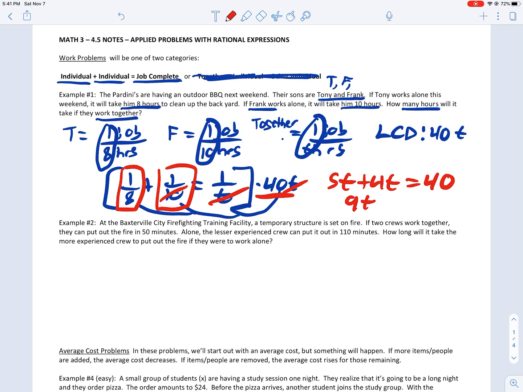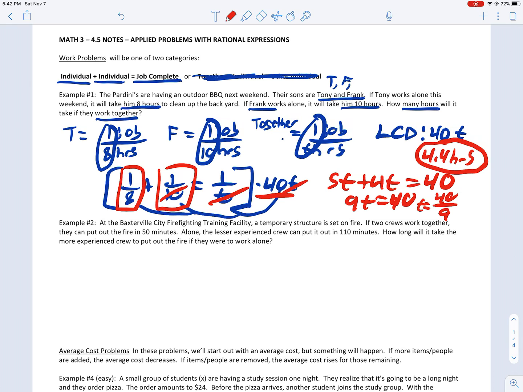So 9t equals 40. Divide, you get 40 over 9. And if you convert that to a decimal, it's about 4.4 hours. So about 4.4 hours to do it together.